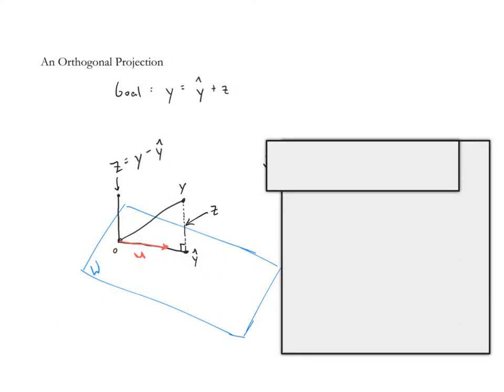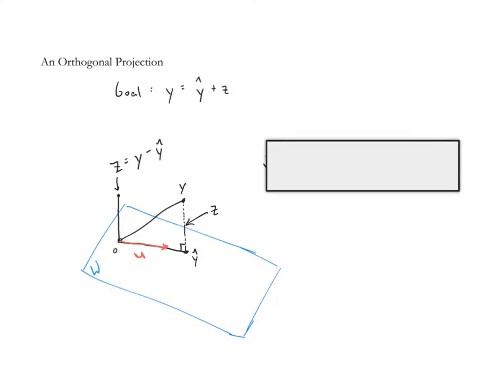Okay, so let me take this away, and I'll show you what I'm talking about here at this expertly drawn image. Okay, so I have my subspace W. Let's use this one. All right, so we have our blue subspace W. We have u, that's just pointing over here, right? It's right on the subspace. And then here's my vector y. This is my vector y, the one that we're decomposing, breaking up into two different vectors. One of those vectors lies on the subspace and is just a scalar multiple of u.